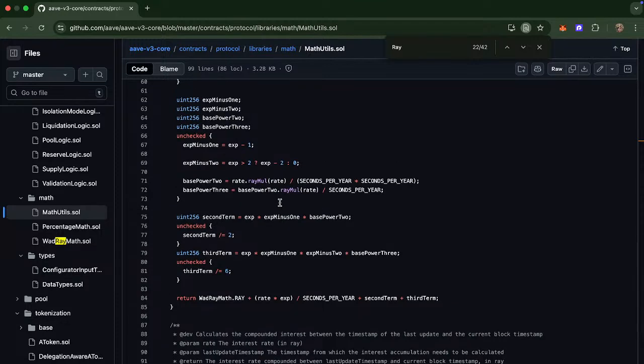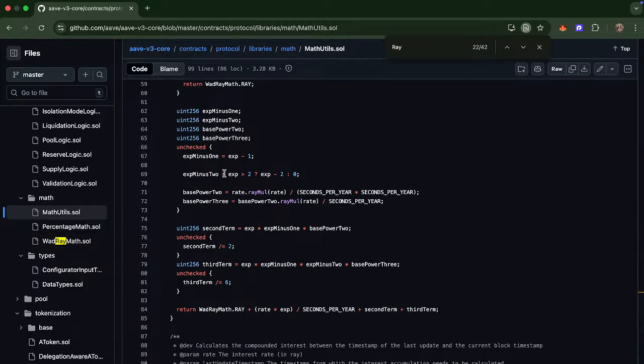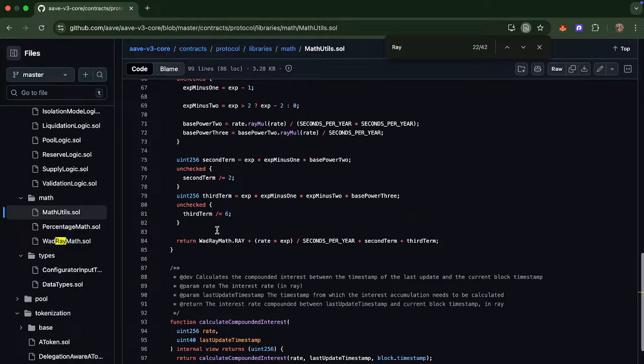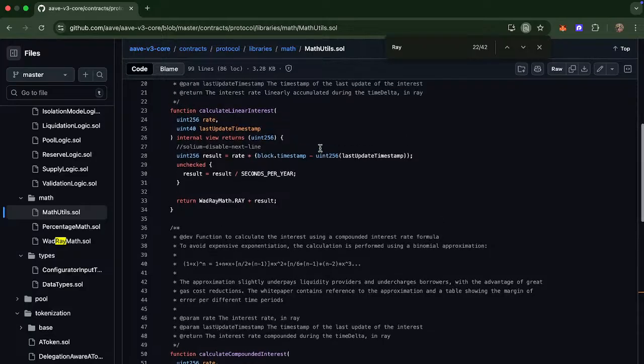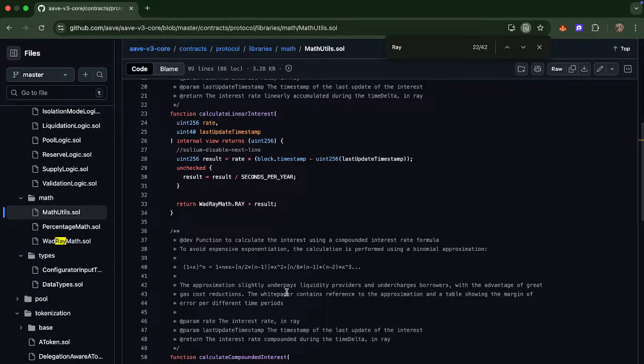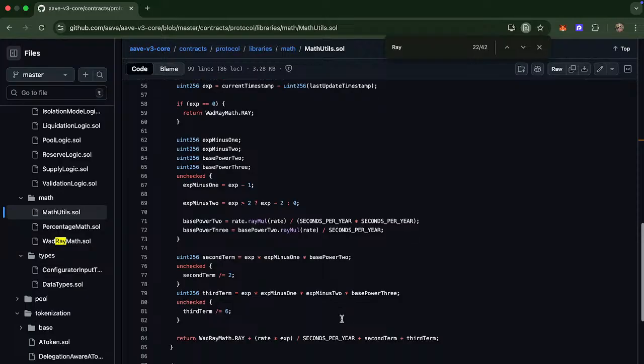Second term divided by 2, the whole second term. Third term, this one is the first term, I guess. No, this is just a calculation. This is third term by 6.